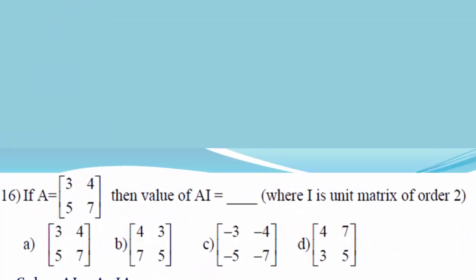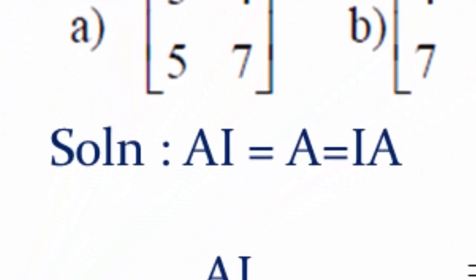Question number 16. If A is a matrix of order 2 by 2 and the elements are 3, 4, 5, 7, then the value of A into I is, where I is a unit matrix of order 2. Dear students, we know that when we multiply a matrix A with the identity matrix, we get the same matrix as the answer.